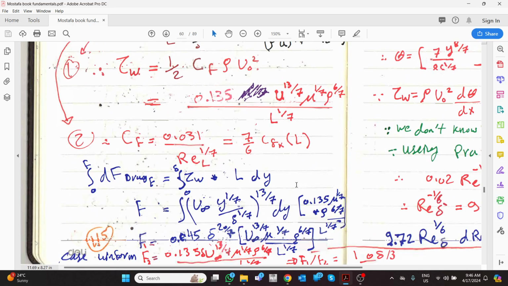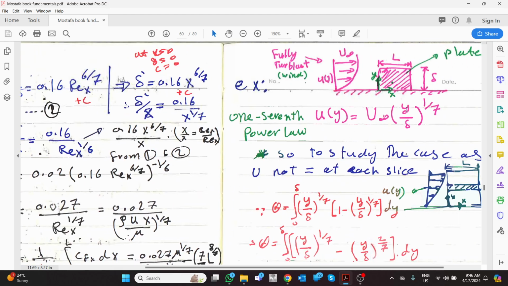The force will be calculated for a uniform flow, which means there is no change in the velocity with respect of y, so it will be 0.135 delta until the end of the equation, which means this term is gone.